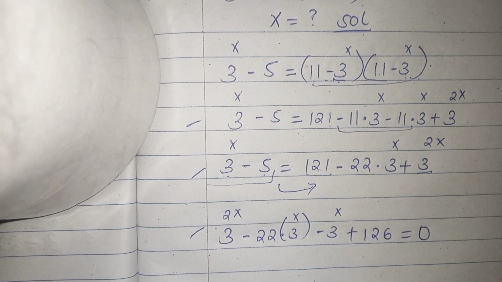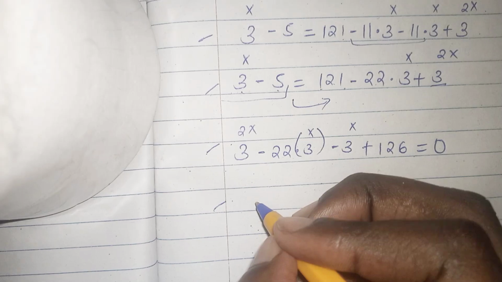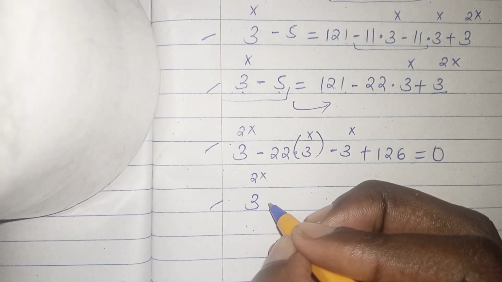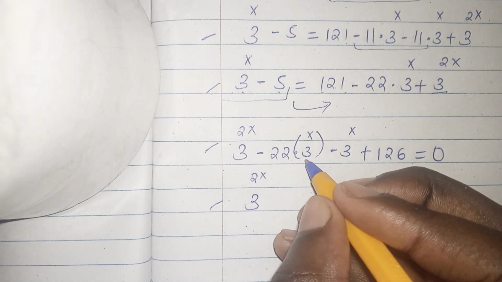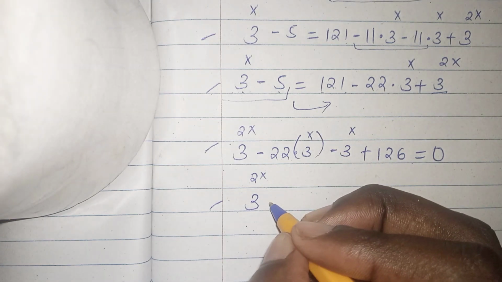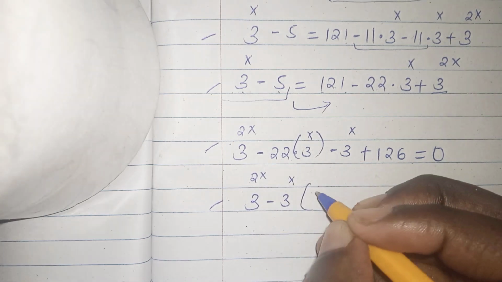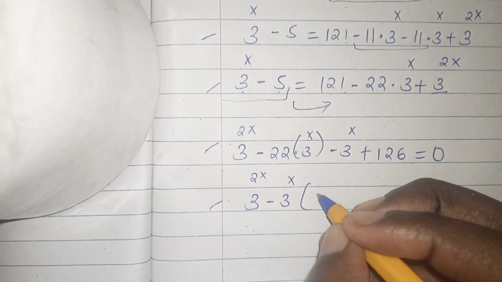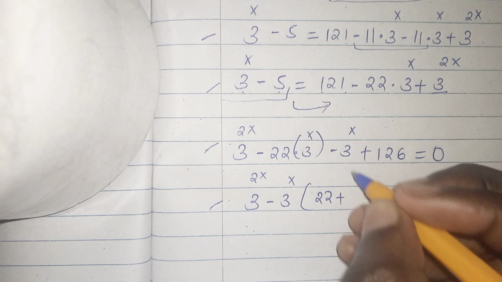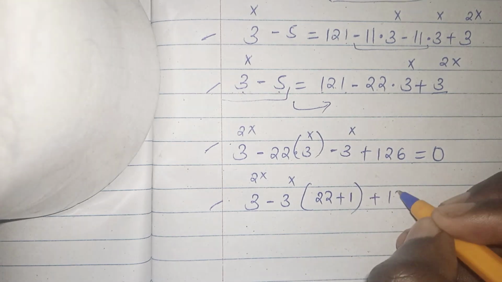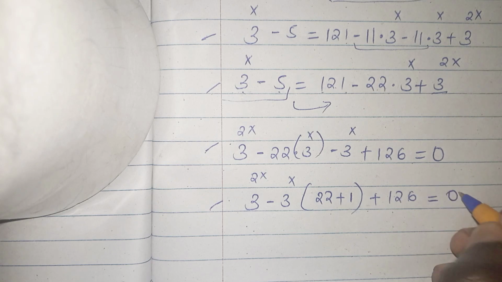Okay, so in our next step, 3 to the power of 2x, then we shall now bring 3 to the power of x outside the bracket, so this is 3 to the power of x into this remains 22 plus 1, plus 126 is equal to 0.